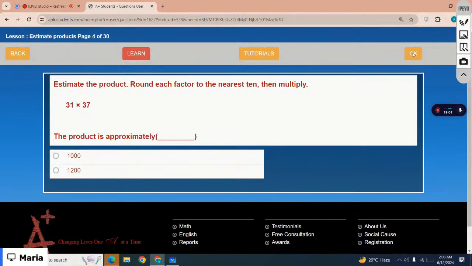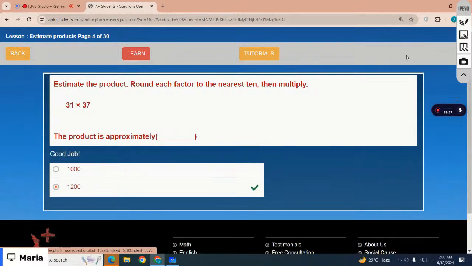Thirty-one is rounded off to 30 and 37 is rounded off to 40. So 4 times 3 is 12. So the correct option is, yes, 1200 it is. 3 times 4 is 12. So that is 1200.